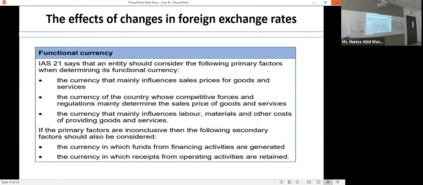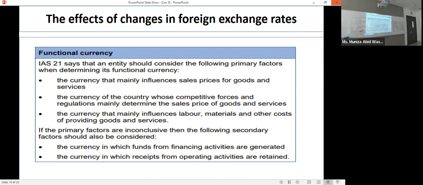So the functional currency is the one of the country in which you are scanning the external environment. If, say, you are sitting in UAE but you are analyzing the US environment to see which factors are going to influence your organization, it means your functional currency is the US one.